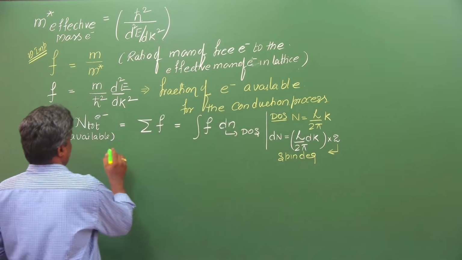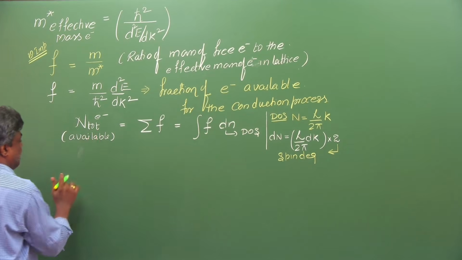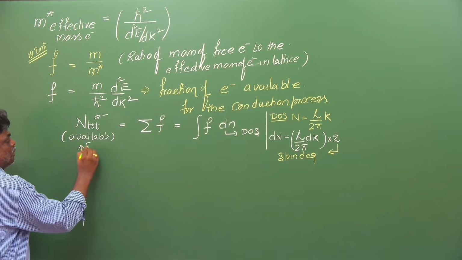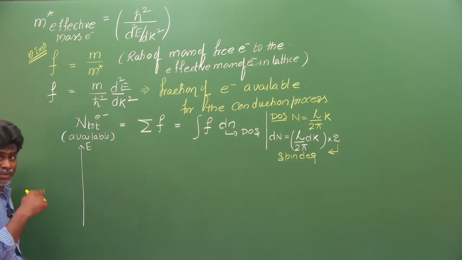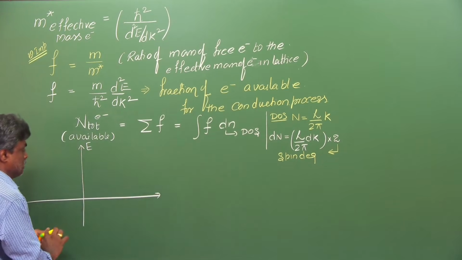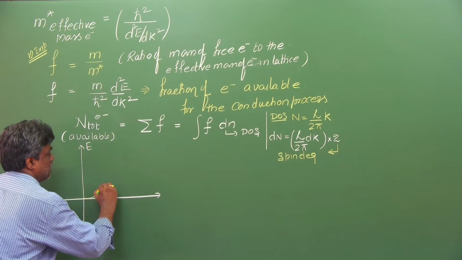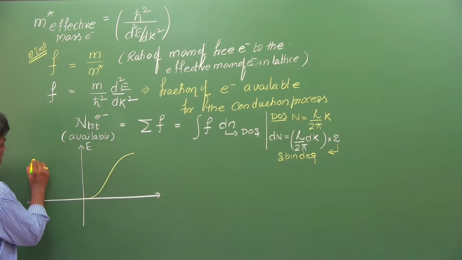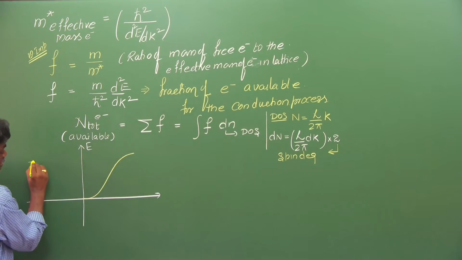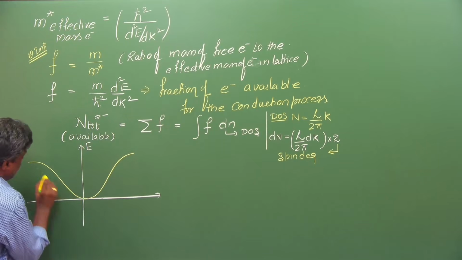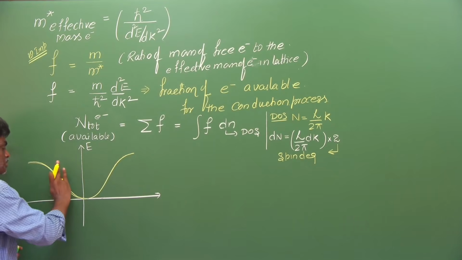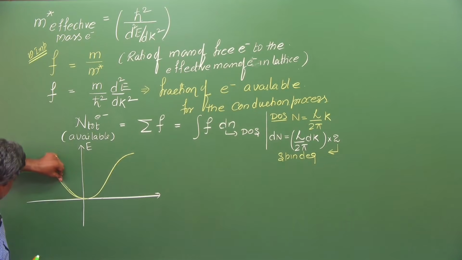And finally, here I am considering a particular energy band, a valence band, from which electrons will go to the conduction band.